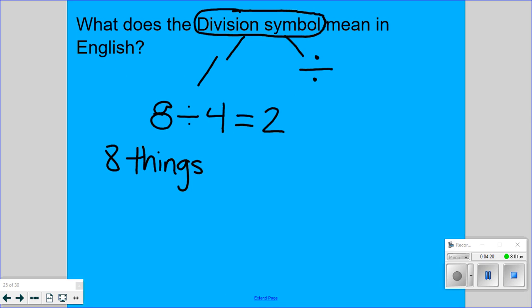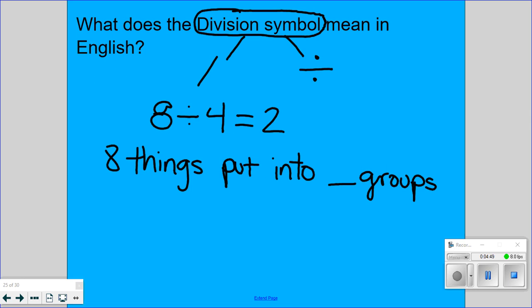Put into my groups. Put into blank groups. Kaden said blank because that division symbol on its own doesn't tell me how many groups yet. It just says, hey, you're going to put it into some groups. 8 things. Put into blank groups.